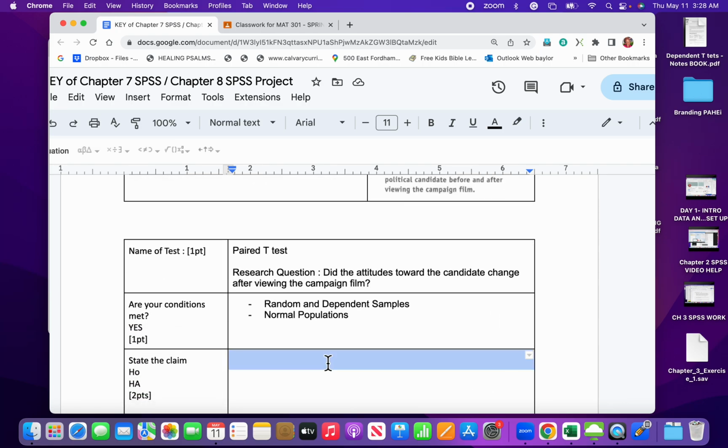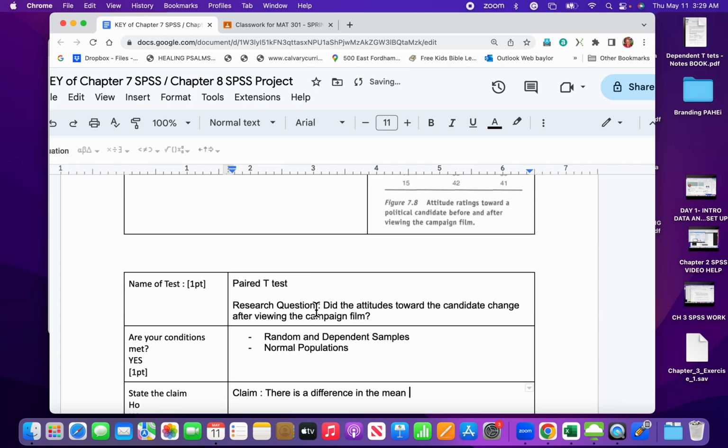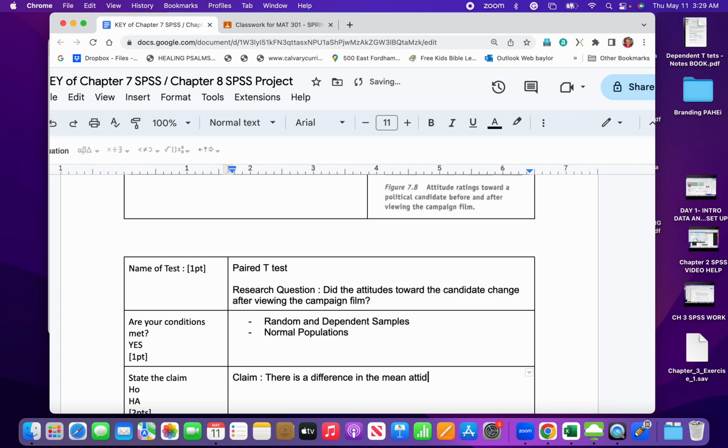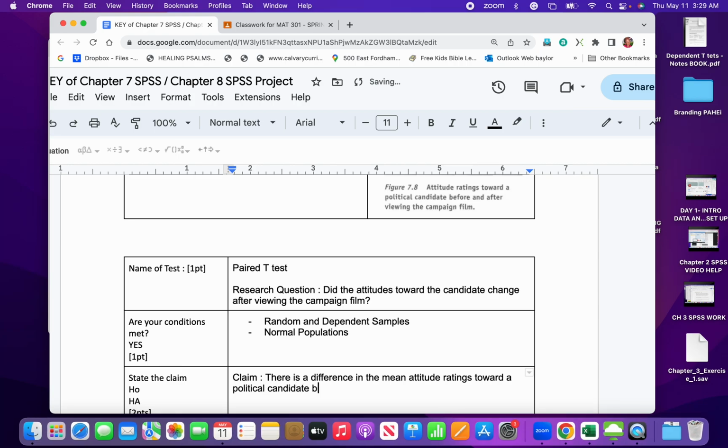So my claim, honestly, is there is a difference in the mean attitude ratings toward a political candidate before and after viewing the campaign film. That's it.